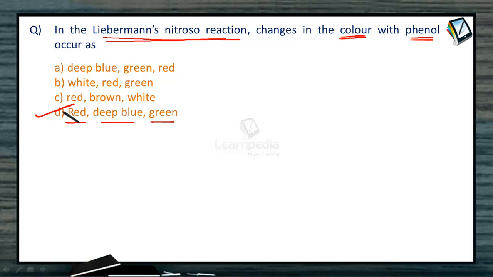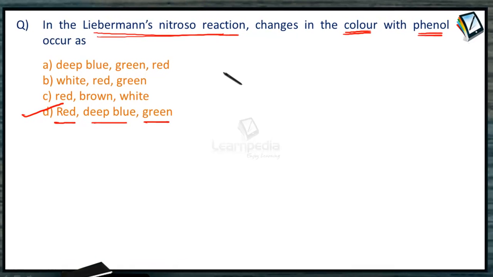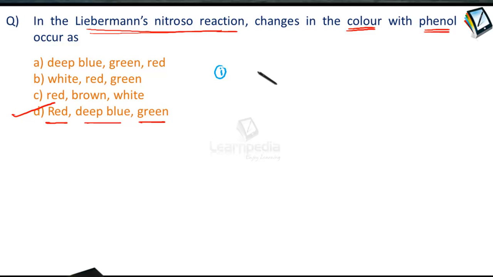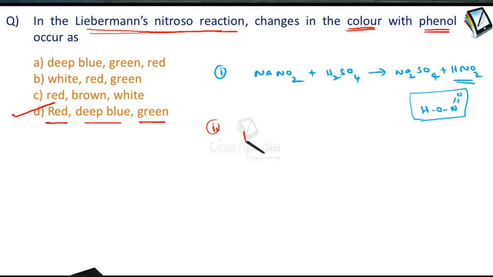So what exactly is the chemical change that is taking place during the course of the reaction? This reaction is in fact carried out by using nitrous acid, which in turn is obtained when we take sodium nitrite and dilute sulfuric acid, and then we get Na2SO4 plus HNO2, and this is nitrous acid, H-O-N double bond O. And when phenol is treated with this sodium nitrite in the presence of dilute sulfuric acid, in other words nitrous acid, H-O-N double bond O, an angular molecule, then we get para-nitrosophenol.